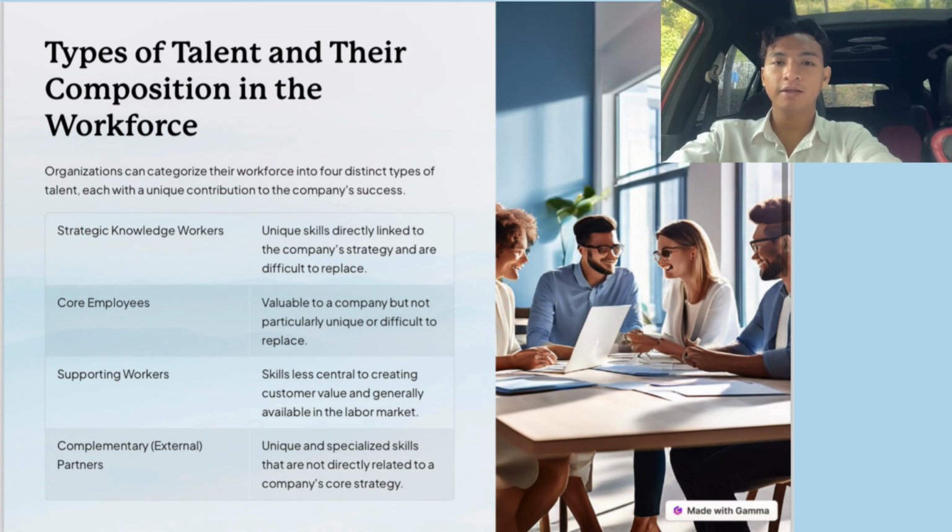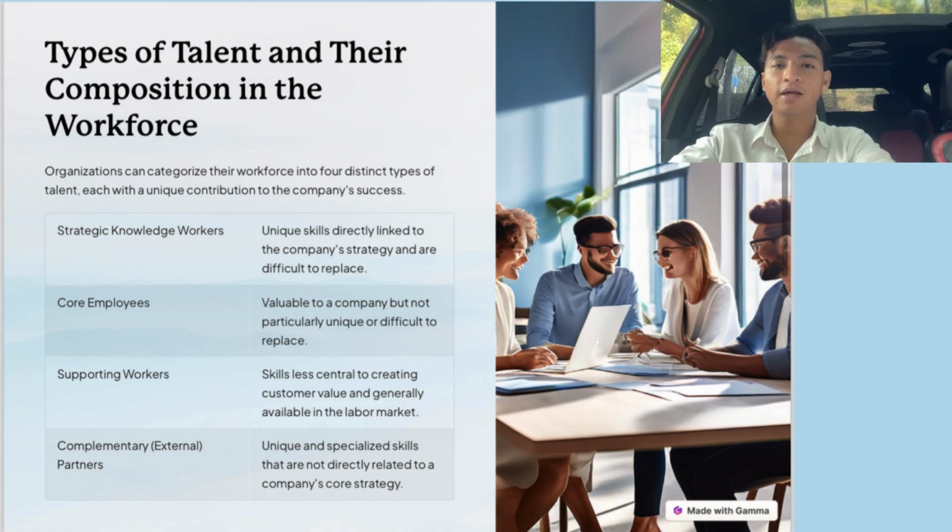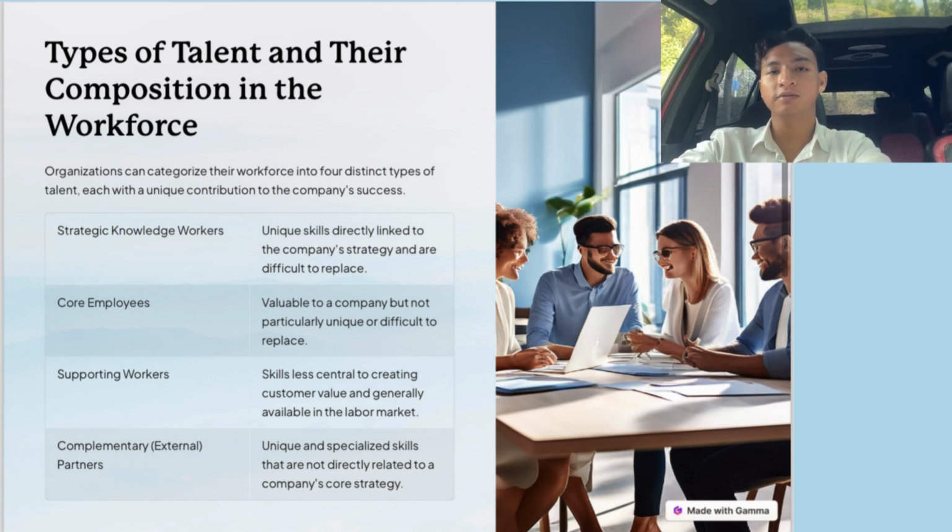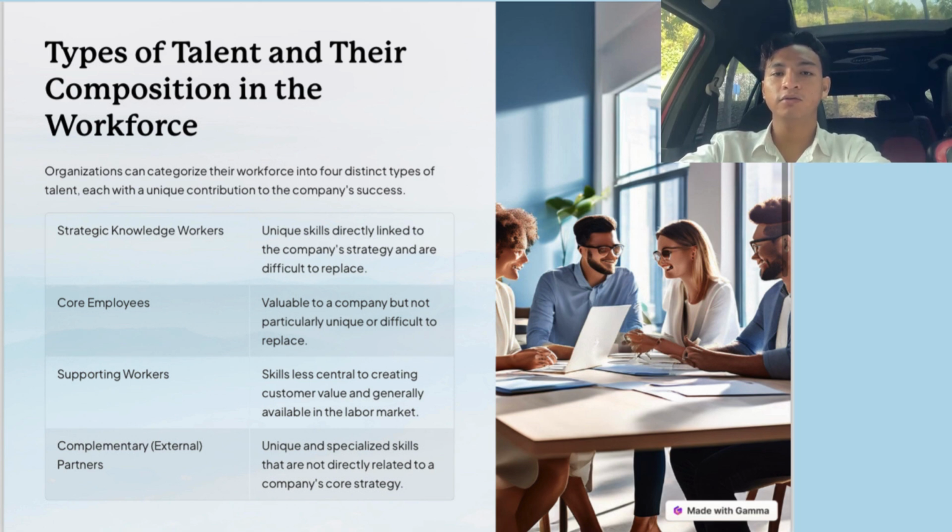Types of talent and their composition in the workforce. Organizations can categorize their workforce into four distinct types of talent, each with a unique contribution to the company's success. For the first one is strategic knowledge workers. Unique skills directly linked to the company's strategies and are difficult to replace.